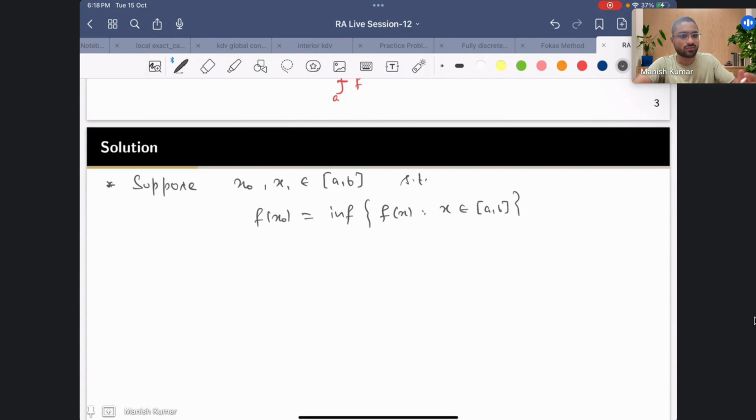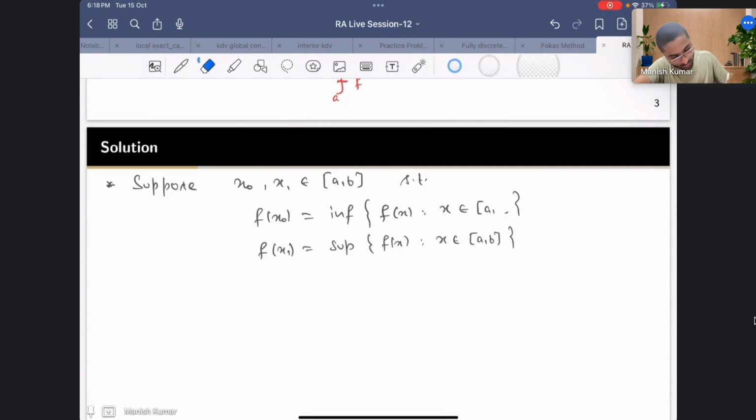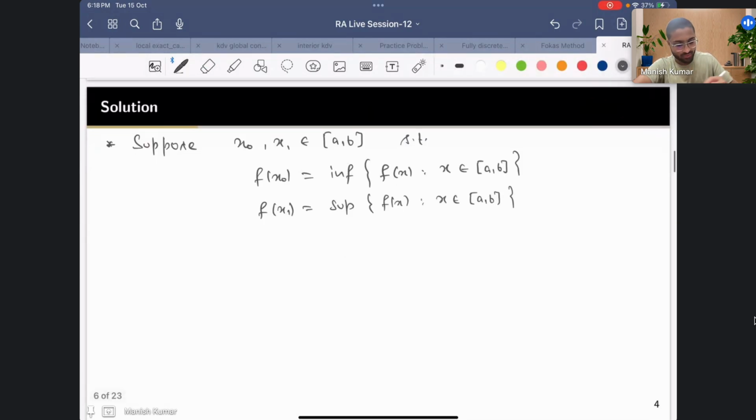At x0 the function is achieving its minimum value, and at x1 it will achieve the maximum value, or the supremum, over [a, b]. So this is how I am defining x0 and x1.